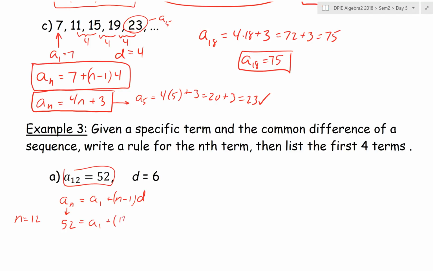We know n is 12, and we know the common difference is 6. So I was able to fill in everything into this formula except for a1 because I don't know a1. So that's our only unknown. Now we're able to solve for a1. I have 52 equals a1 plus 66. Subtract 66 from both sides.